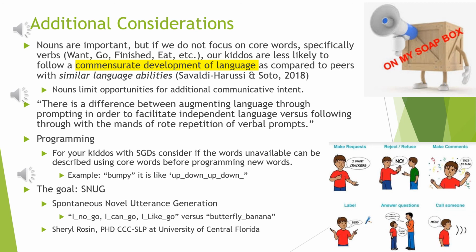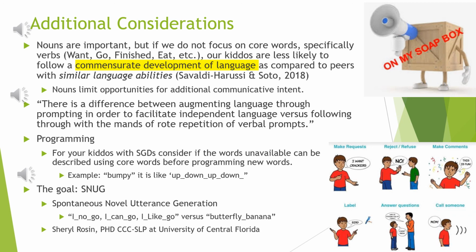If we were to compare our kiddos with autism to these other kiddos that still have language problems but don't have autism, okay? If we don't explicitly teach our kiddos core words, there's just a statistical likelihood that they will not pick up the amount of language that those other kiddos with language impairments but without autism will.